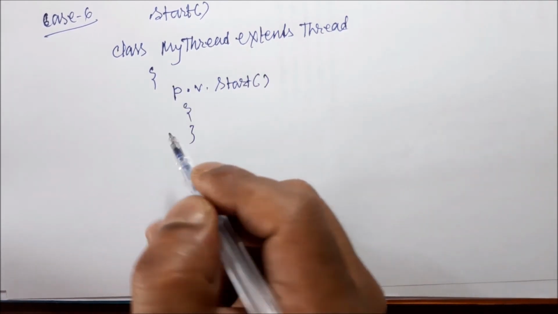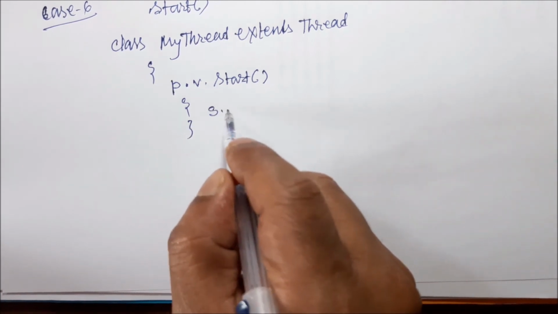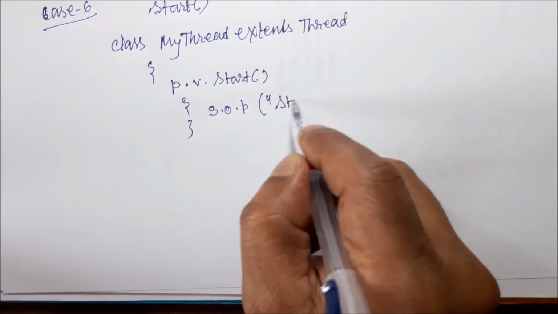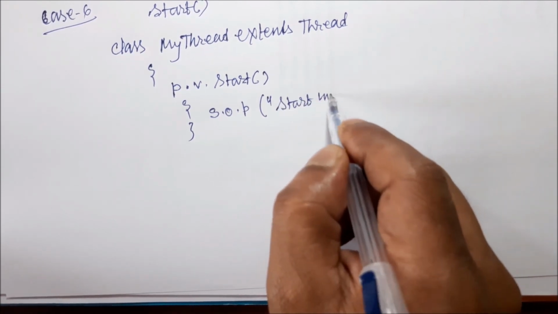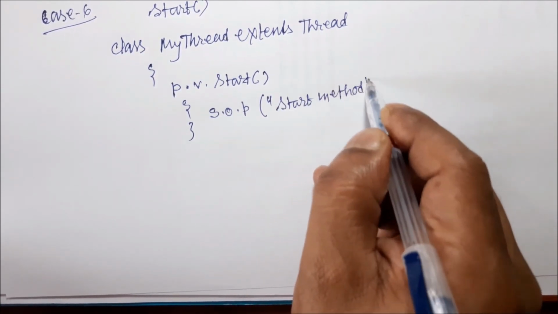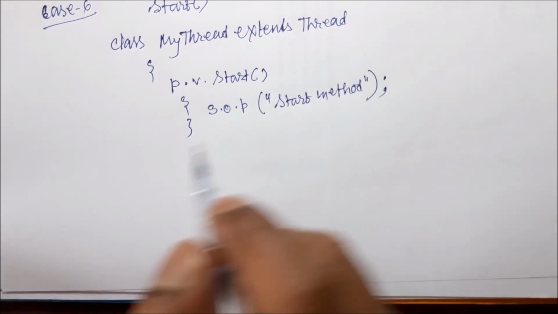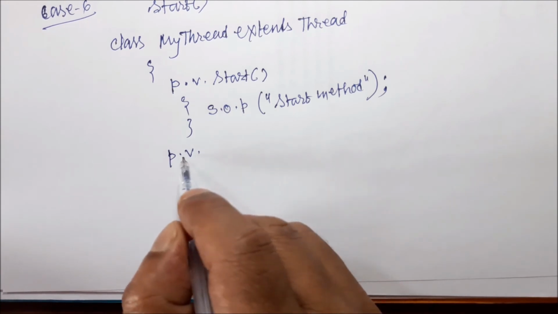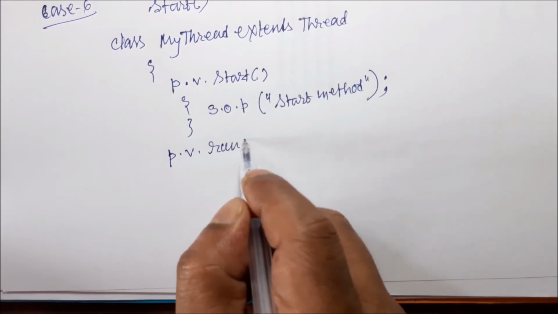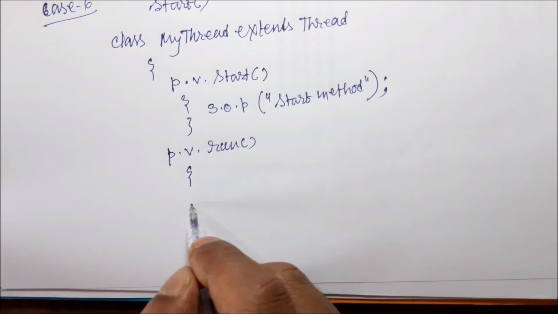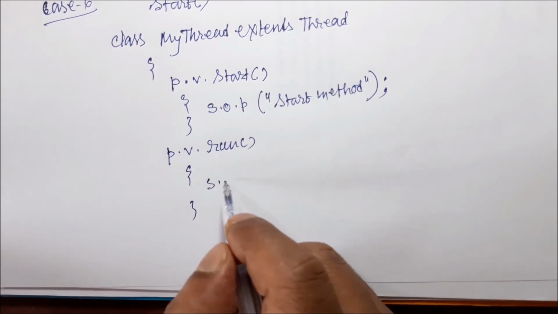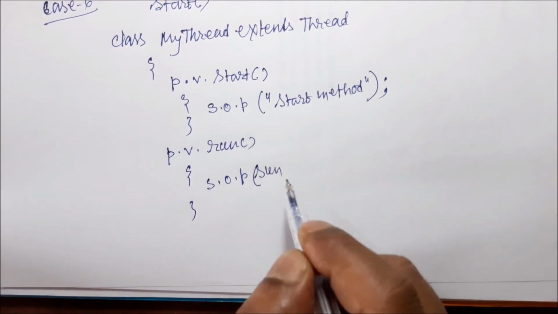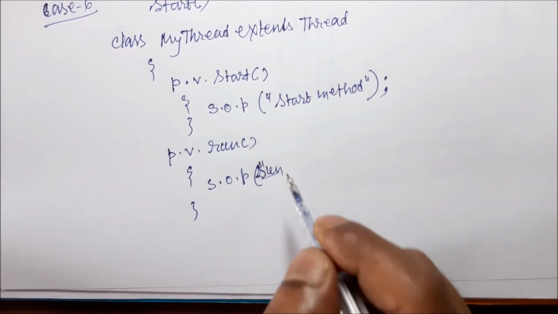Then we give some output, for example System.out.println("start method"). And then we have another method, public void run, where I have written, for example, System.out.println("run method").